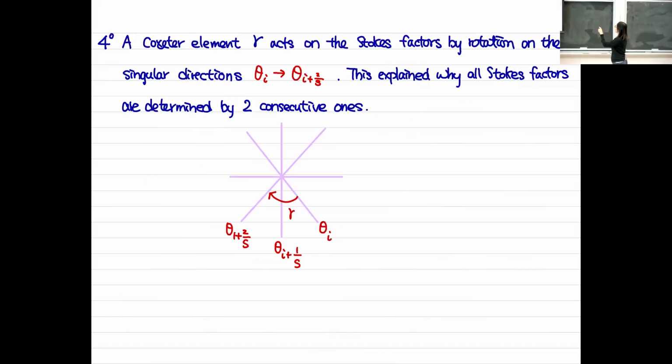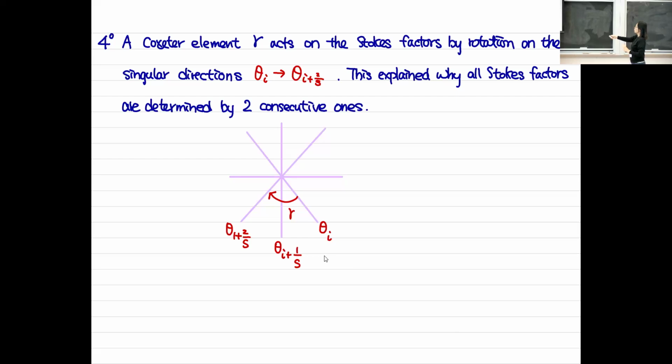It also has this property, which is that the Coxeter element gamma is determined by the system as well. Once you know the coefficients and the system that you are choosing, then you have the corresponding Coxeter element. The way that it acts is by rotating, it jumps from one direction to the other.